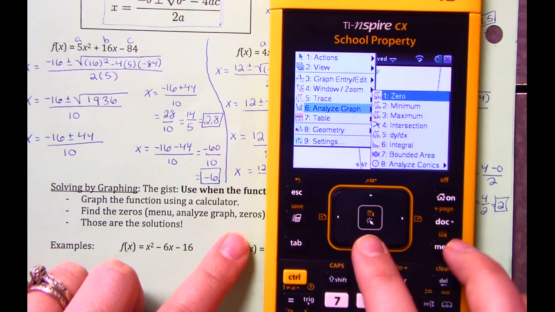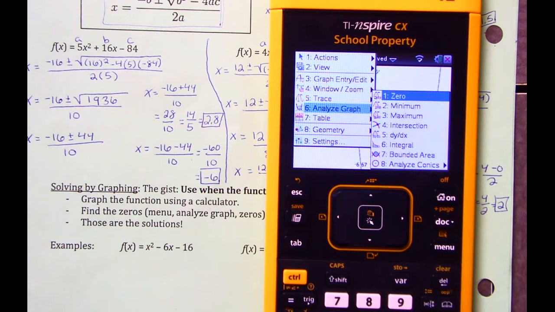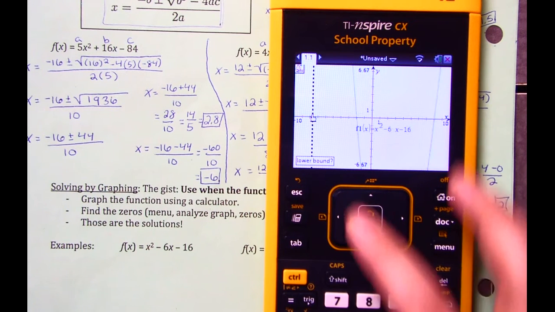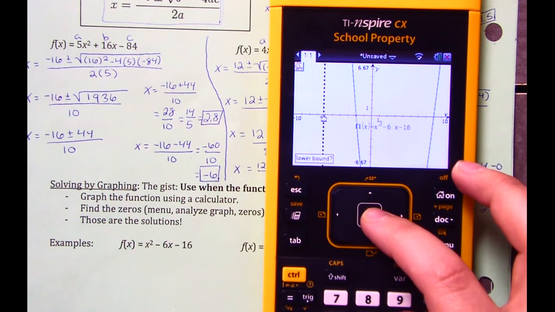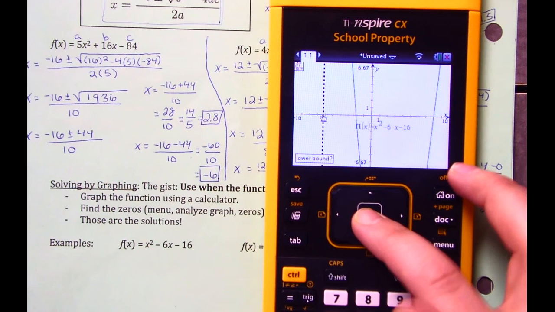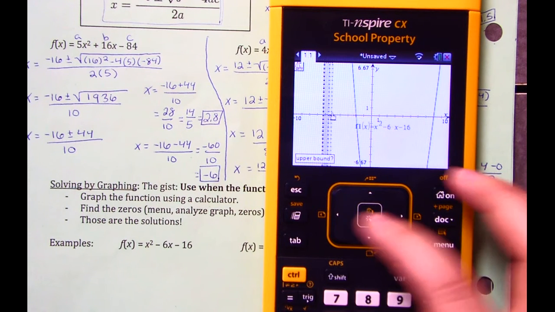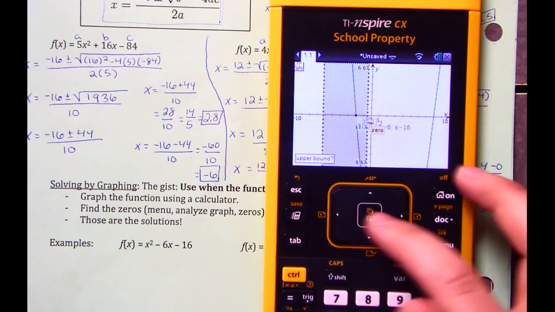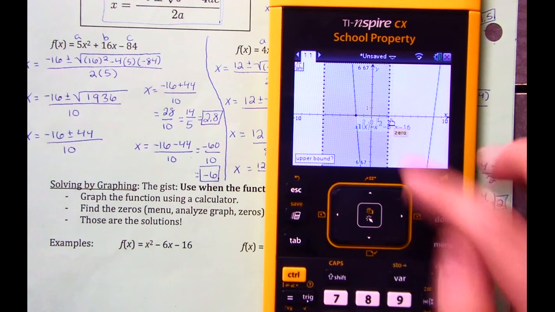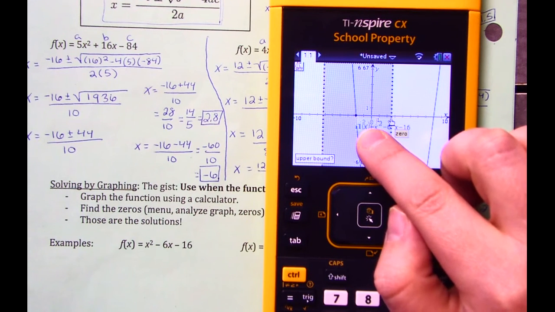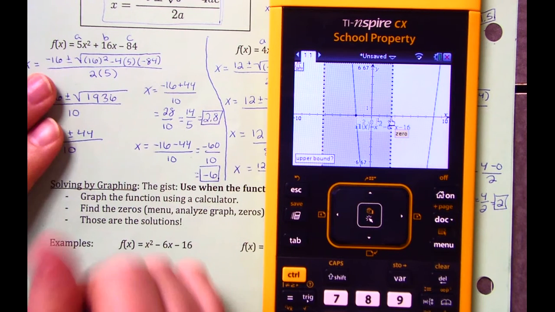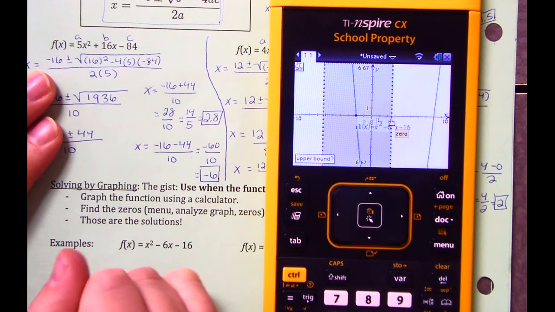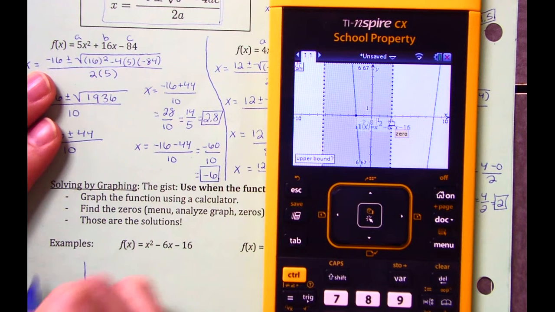We're going to find the zeros because we want to know what the x values are when y is 0, the x-intercepts. We hit 0, and then we move our vertical dotted black line to the left of one of them and click, then scroll it over across one of them. The first zero is happening at -2. So one solution, if we were just to sketch this, is at x equals -2.